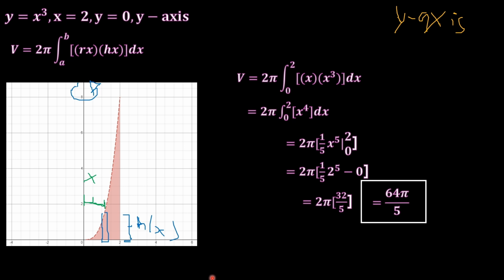Now, I want to give this tip. Particularly in cylindrical shells, if you don't know whether you're going to solve in terms of x or in terms of y, what I would like to do is, again, draw this rectangular strip, which is always parallel to the axis of revolution.